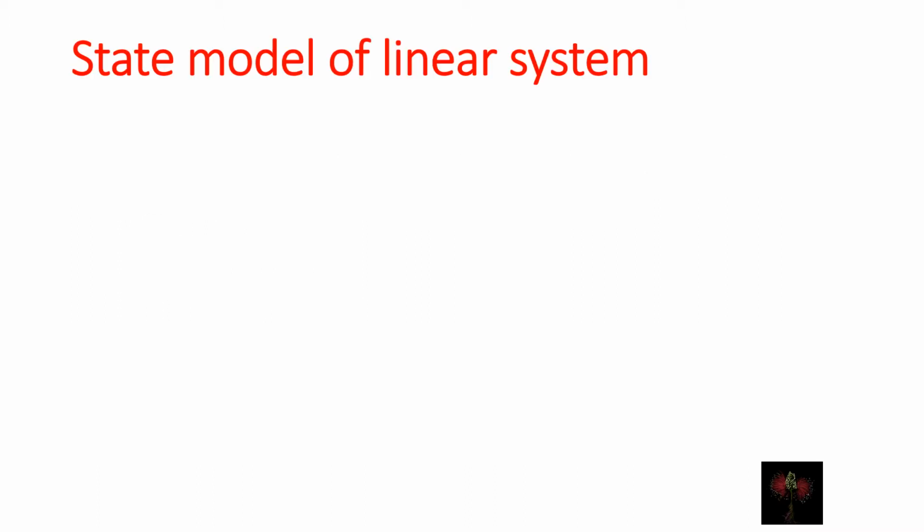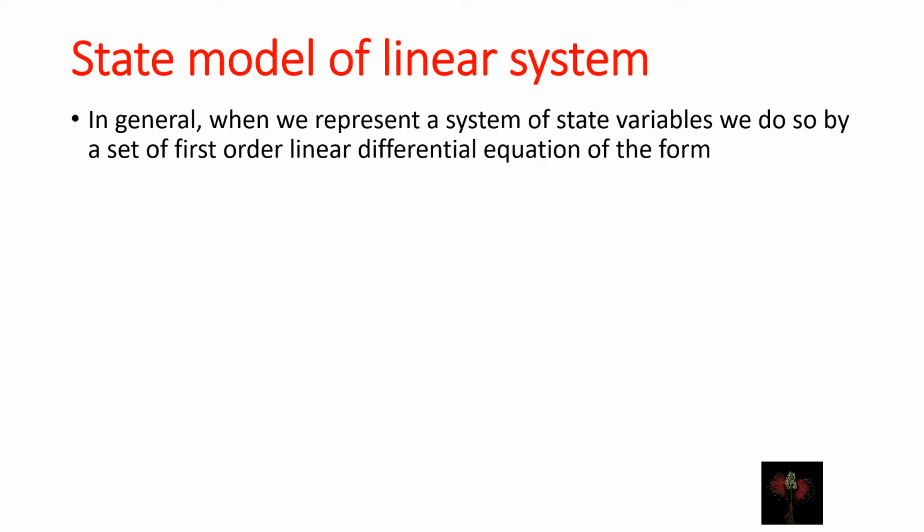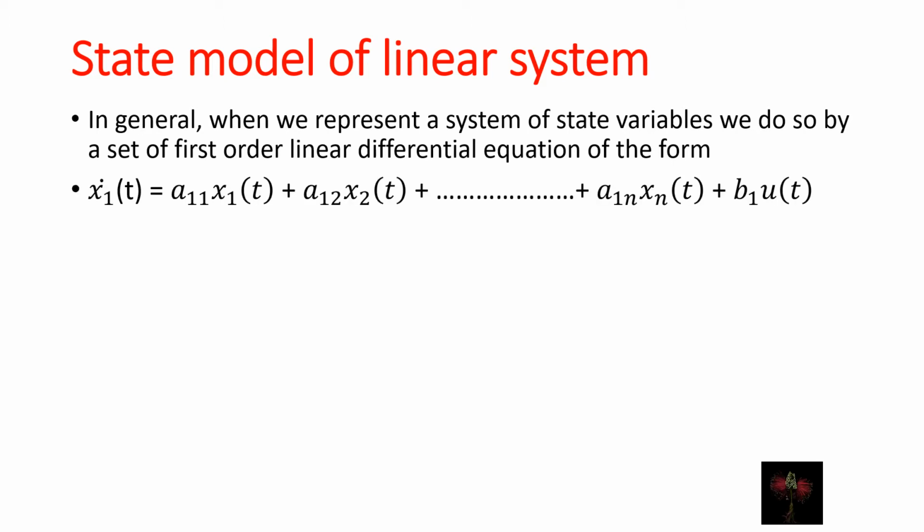State model of linear system. In general, when we represent a system by state variables, we do so by a set of first order linear differential equations of the form x1 dot of t equals a11 x1 of t plus a12 x2 of t, and it goes on to a1n xn of t plus b1 u of t.